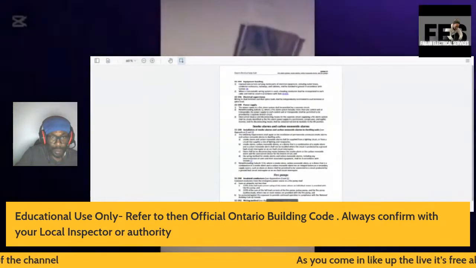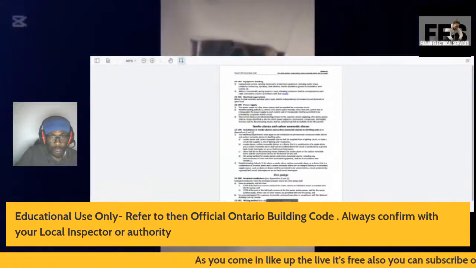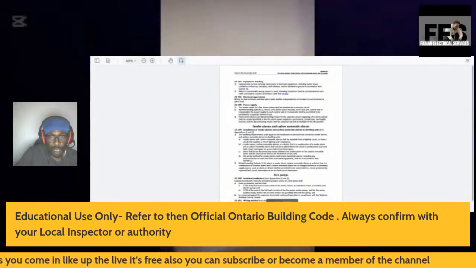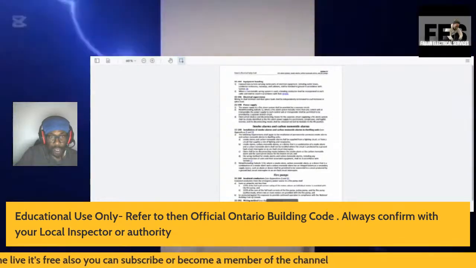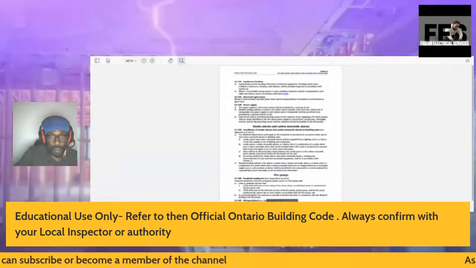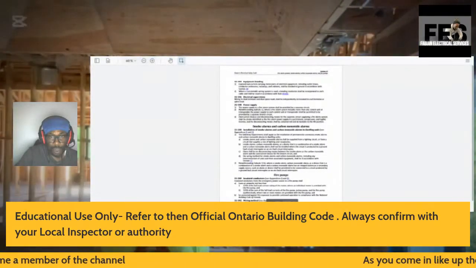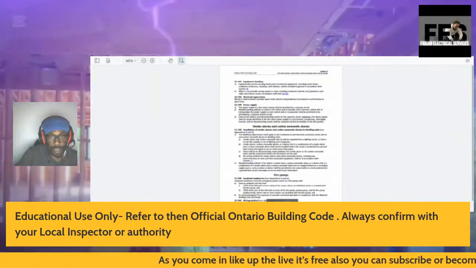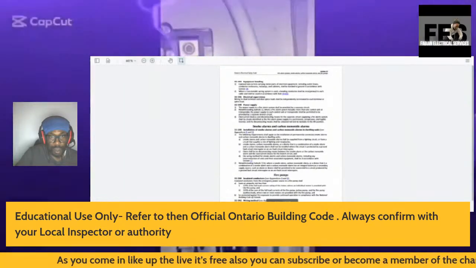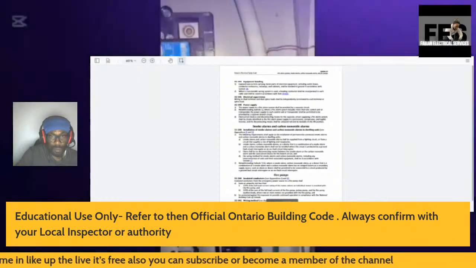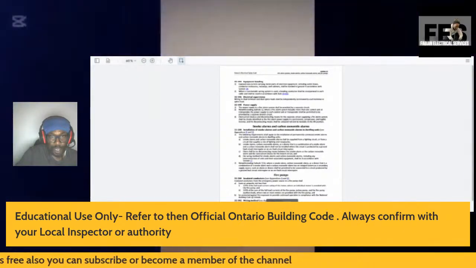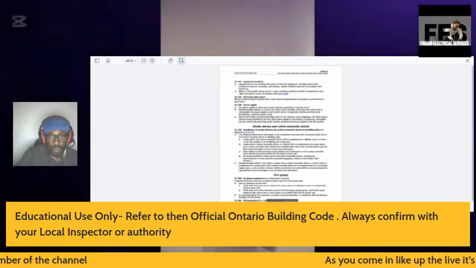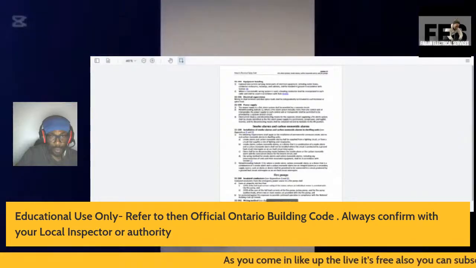Equipment bonding. Exposed non-current-carrying metal parts of electrical equipment, including outlet boxes, conductor enclosures, raceways, and cabinets, shall be bonded to ground in accordance with Section 10. So that means the boxes and metal stuff, Section 10.